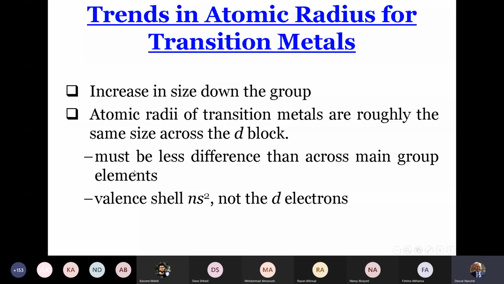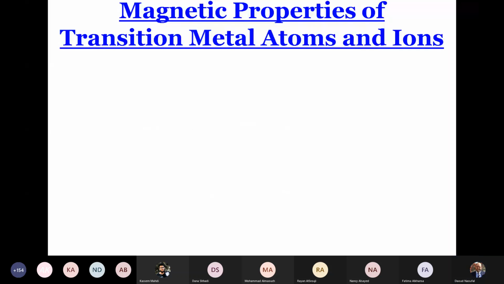So in the same row, the atomic size of transition metals is practically the same. In the same column, the atomic size increases from up to down.